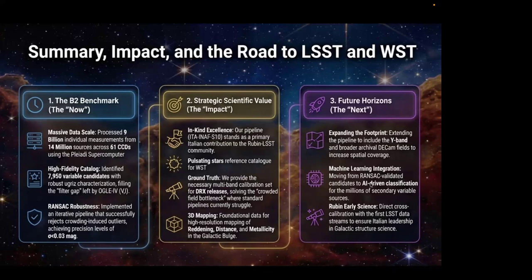About machine learning, we tried to use it for classification of the variables, the new discoveries whose classification we didn't know. For the sources in common with OGLE, we knew the classification because OGLE did that very beautifully. So we started to do machine learning using random forest on multi-band photometry, and we found a good classification for the new discoveries.